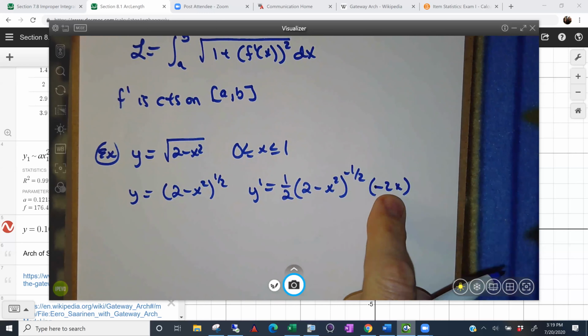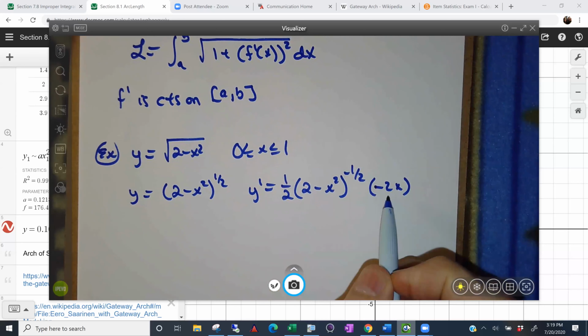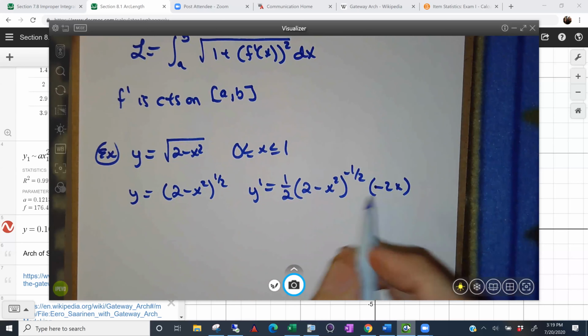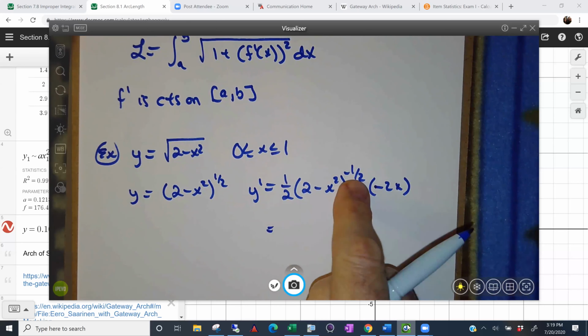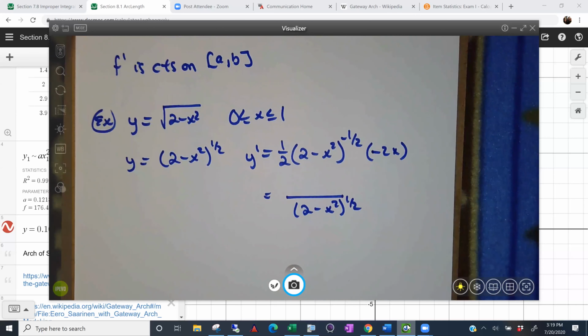And let's clean this up a little bit. This certainly will help us out. The 1/2 and the 2 are going to cancel. And this term has a negative exponent, so I'm going to bring it down into the denominator. Like this, 2 minus x squared to the 1/2 power. How about this x? Where does that go?